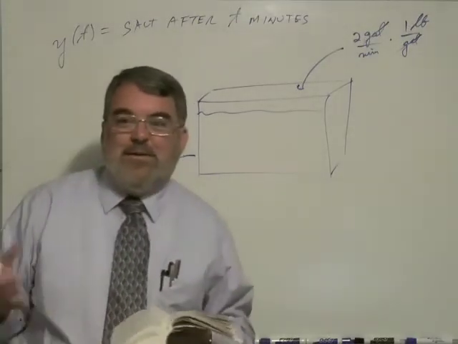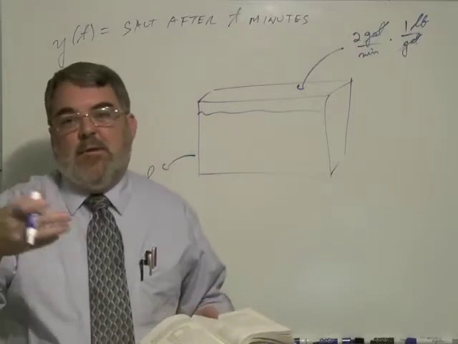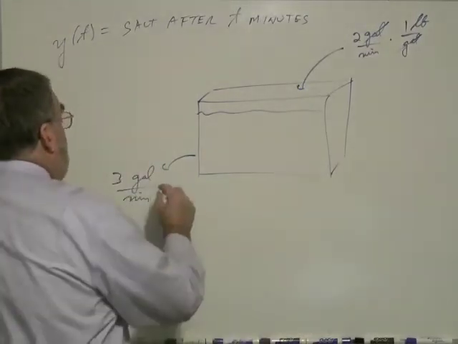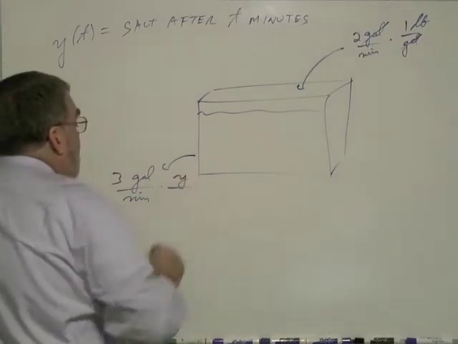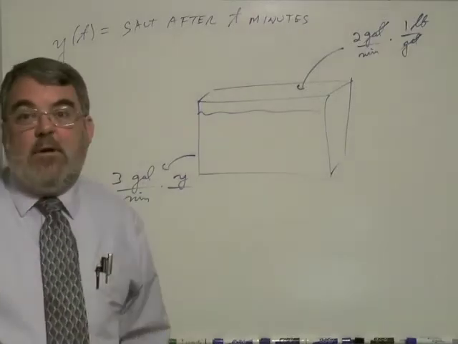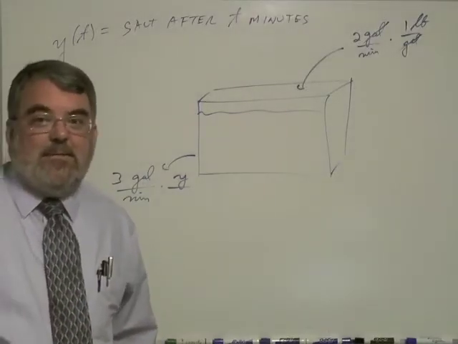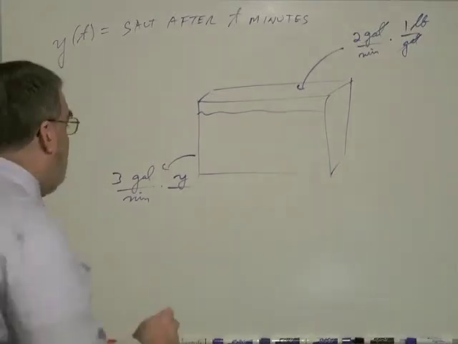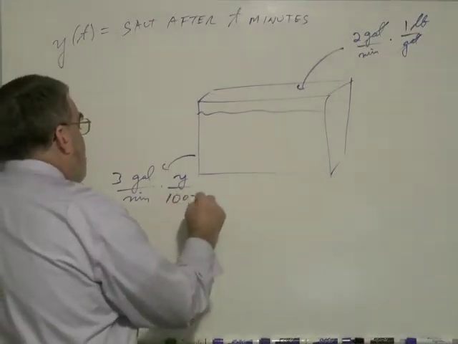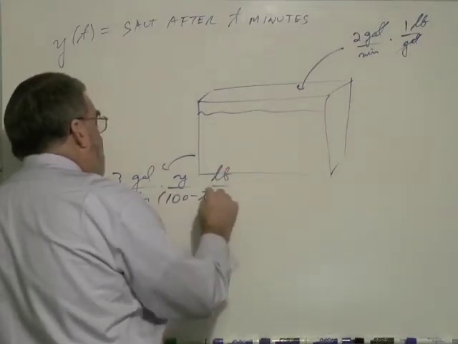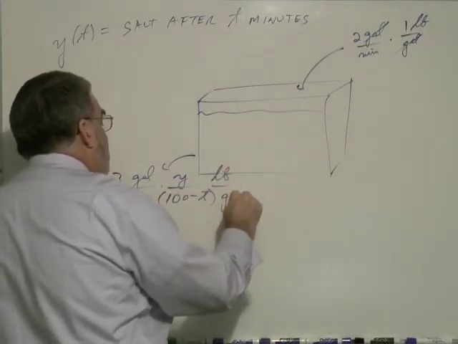What is the concentration of the brine coming out? Well, it would be y pounds of salt in the tank divided by the amount of water in the tank. That poses a new problem, doesn't it? How much water is in the tank? Well, it turns out to be 100 minus t.